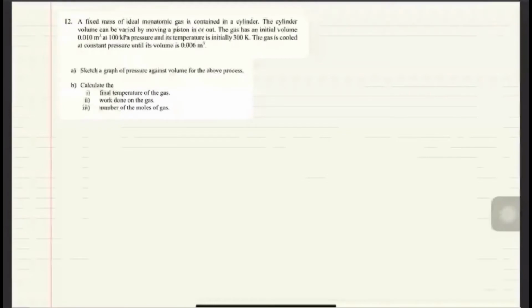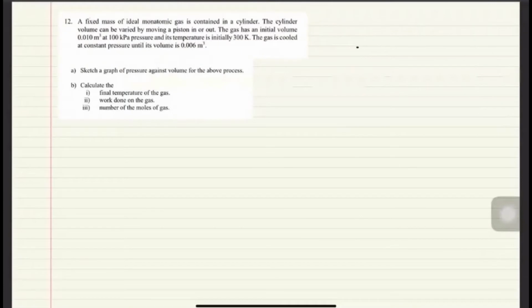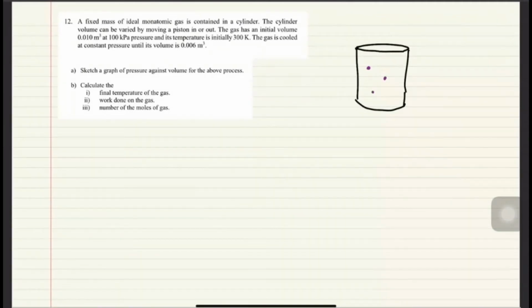Okay, a fixed mass of monoatomic gas is contained in a cylinder. Maybe I can try to draw the cylinder. Inside the cylinder is a monoatomic gas. The cylinder volume can be varied by moving the piston in and out. So basically at the top there is a piston.